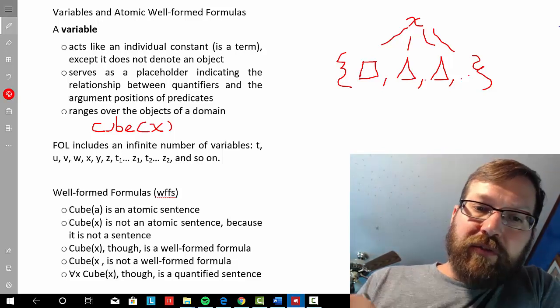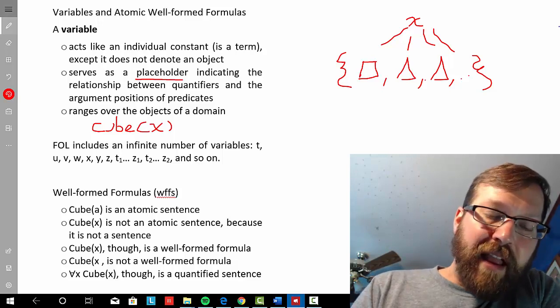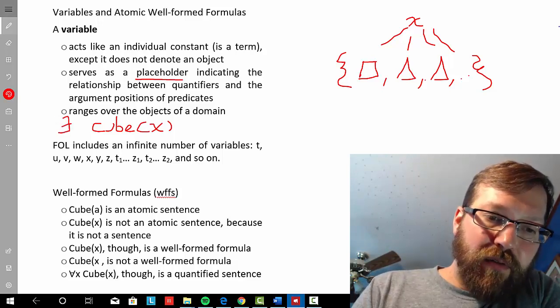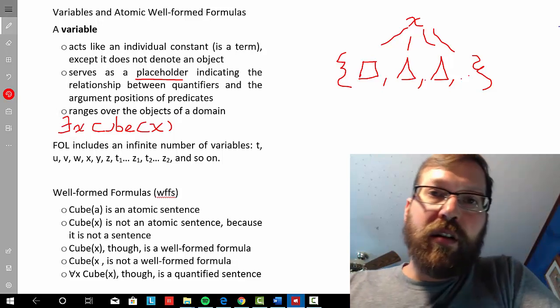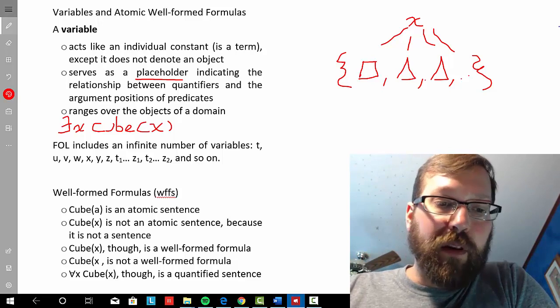All right, so the other thing that it'll do for us is it'll serve as a placeholder that informs us about how a quantifier is operating on a well-formed formula.